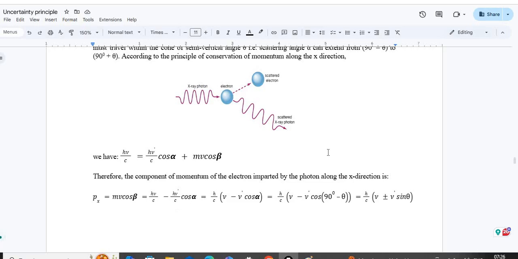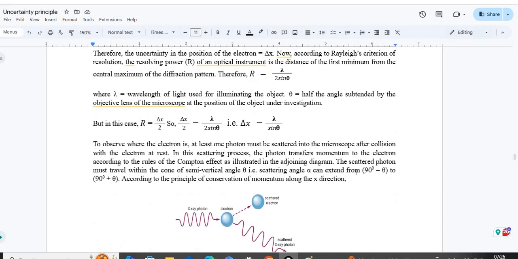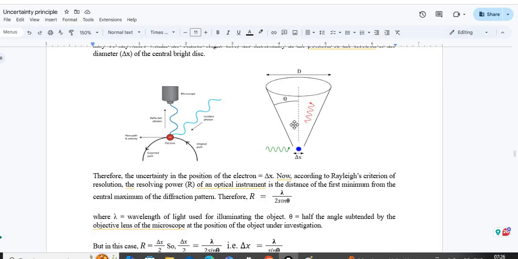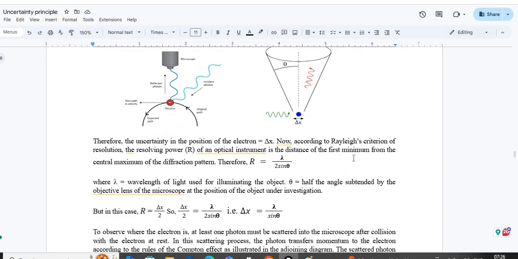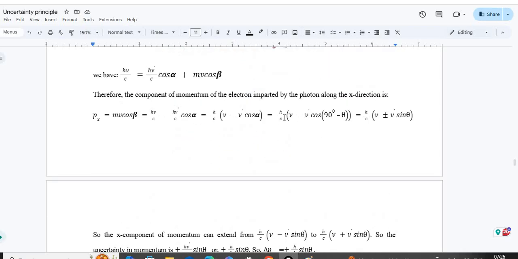Now the most important part: this alpha is basically, the scattered photon is moving along this particular direction. Inside this cone, if it is passing through this, then only it will be observed by the microscope. So there are two possibilities: either this will be plus theta or minus theta. So 90 plus theta and 90 minus theta.